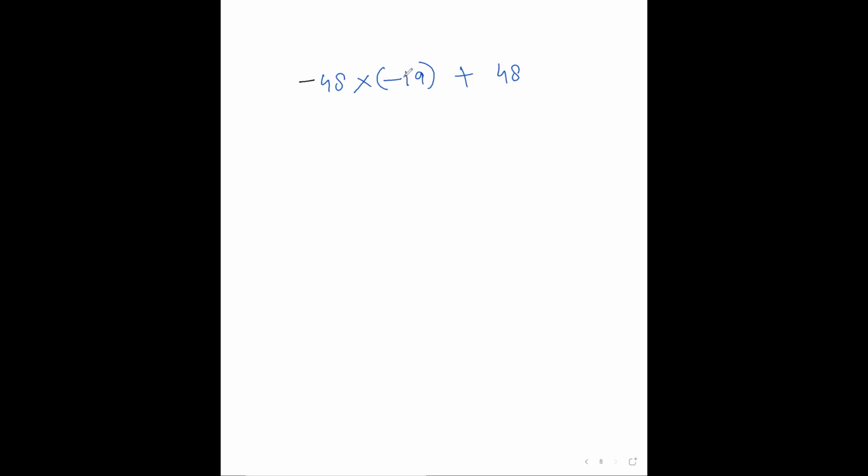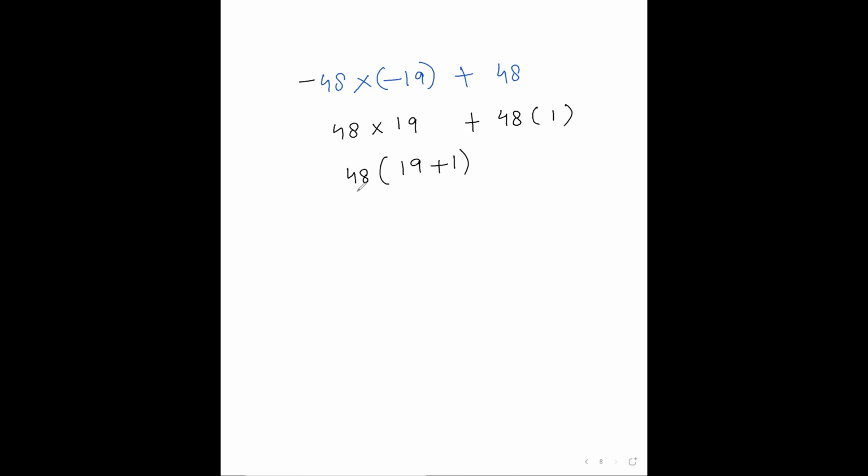So this negative and this negative cancel each other out. So you don't need to write the negatives anyway. You will just write it as 48 multiplied by 19 plus 48. Then you can take 48 as common: 48 multiplied by 19 plus 1. Why plus 1? Because that 1 is hidden over here.